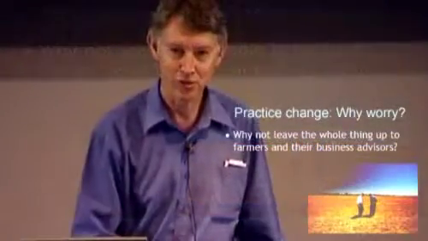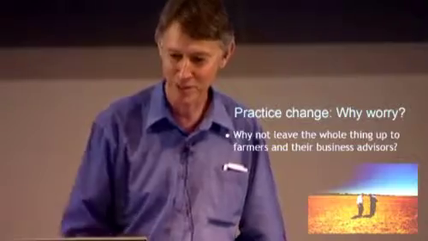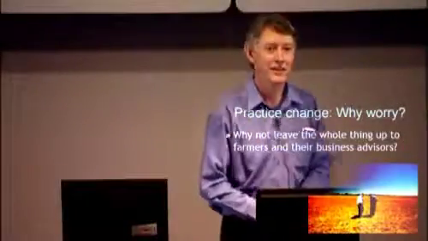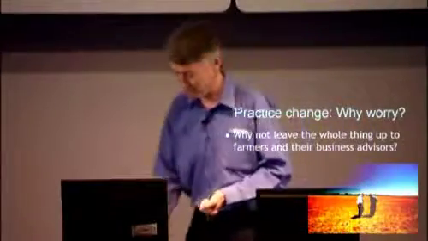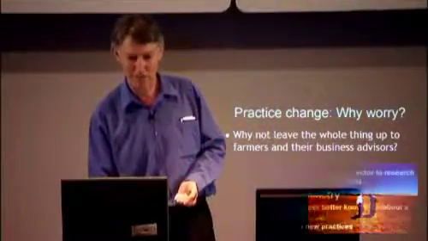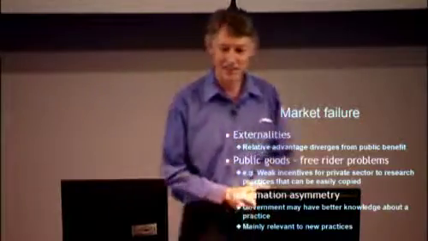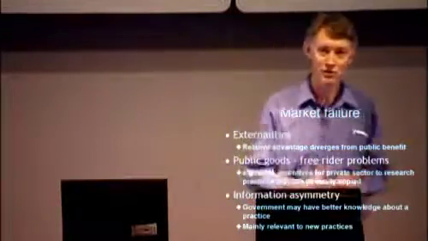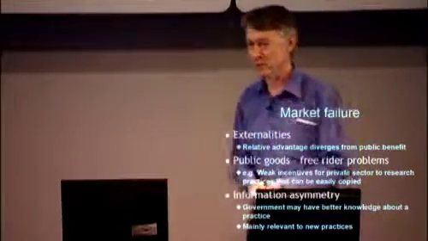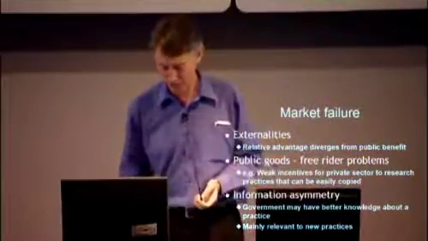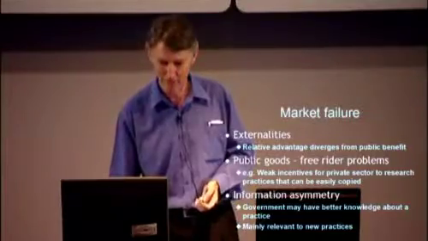And so the more soft-hearted, gentler economists amongst the profession would say because of market failure. And there's a whole host of potential reasons for market failure, and the ones that are particularly relevant to today's topic of practice change are externalities, which is what I refer to as the relative advantage of a practice diverging from the public benefits. And so there's a reason for government to step in and try and turn that around.